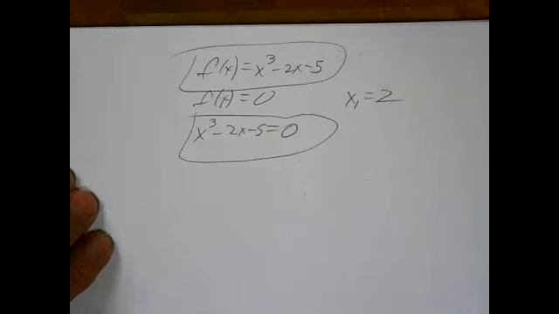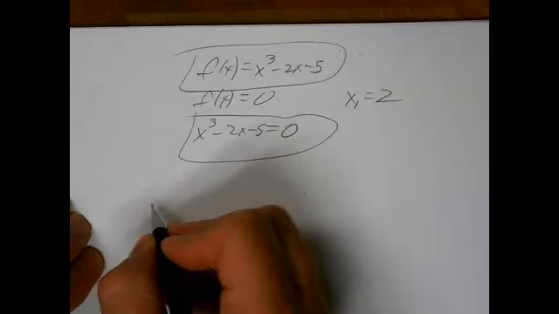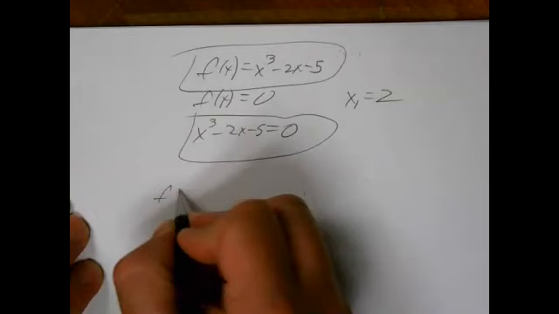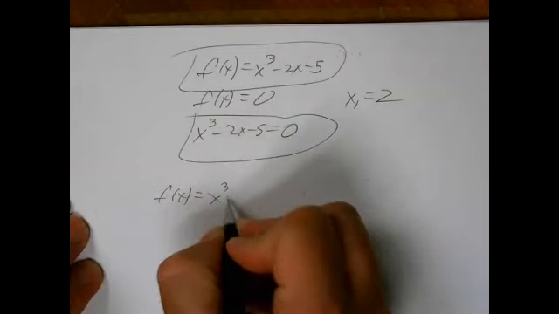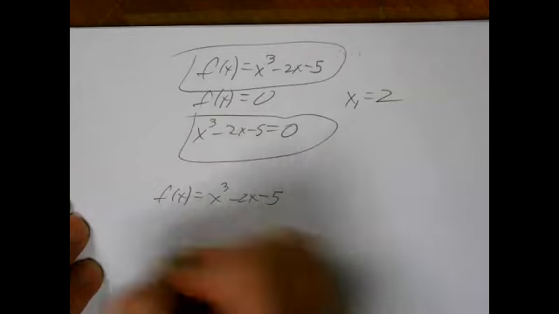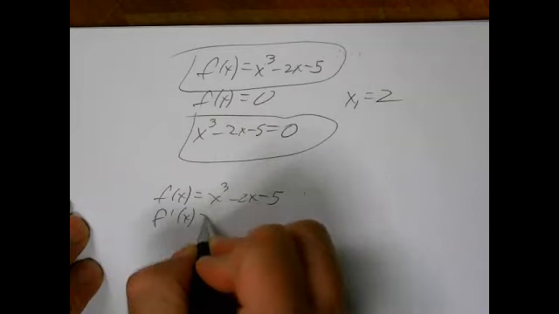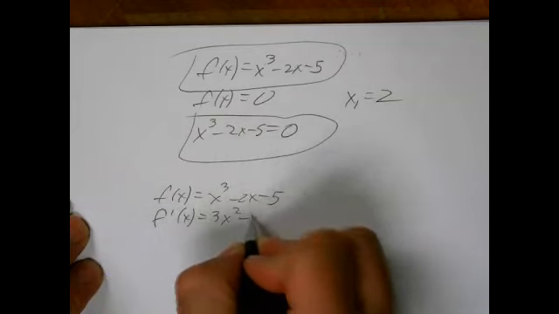Therefore, as I've already stated, f of x is x cubed minus 2x minus 5. The f prime of x would be 3x squared minus 2.